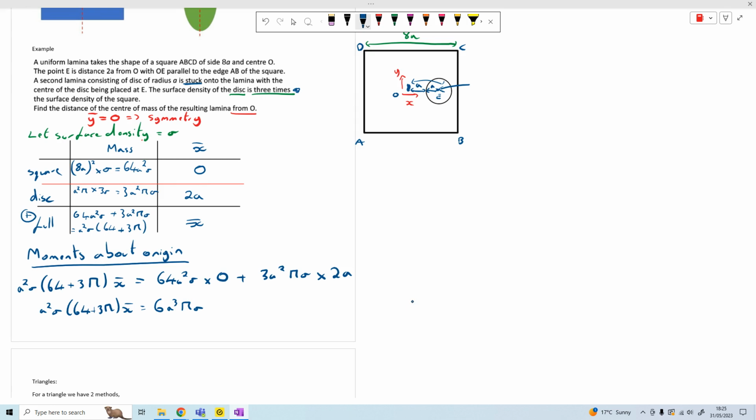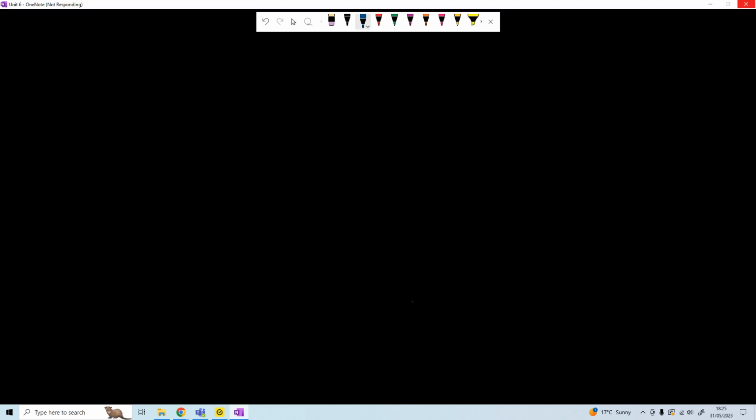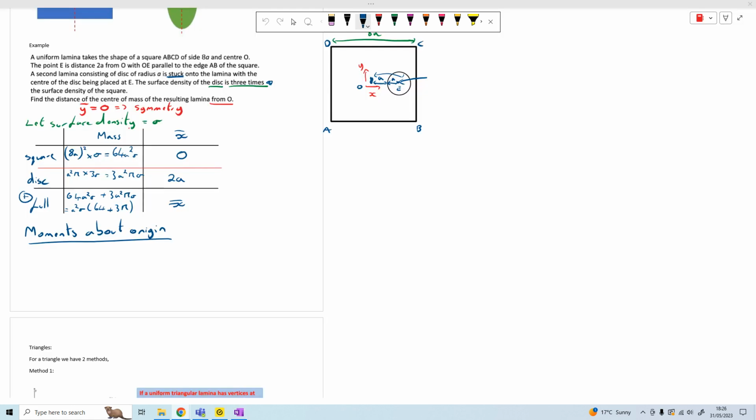Straight away, I need to get x bar on its own. Apologies for that, it should be working now. I was doing a squared sigma, 64 plus 3 pi, times x bar. That's my moments for the whole shape, and this should equal the moments for the other shapes combined. So 64 a squared sigma times 0 plus 3a squared pi sigma times 2a.